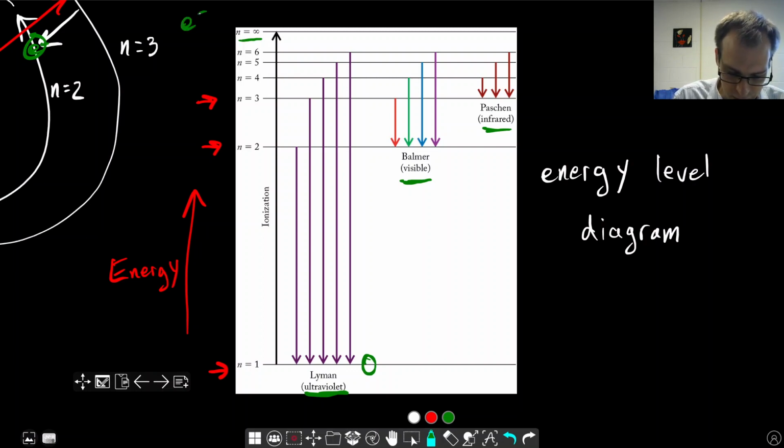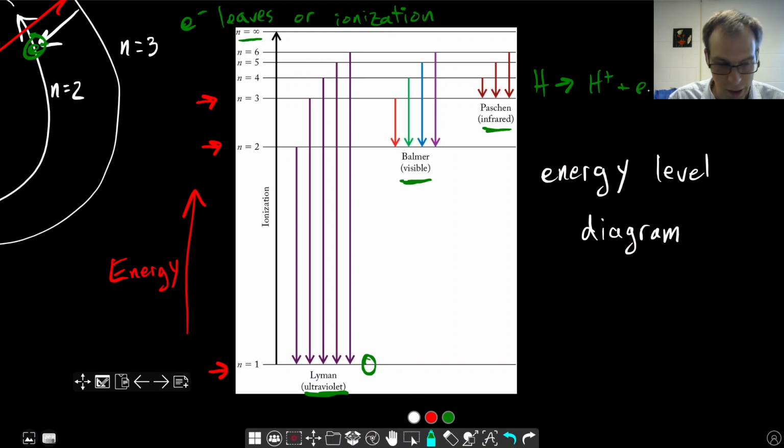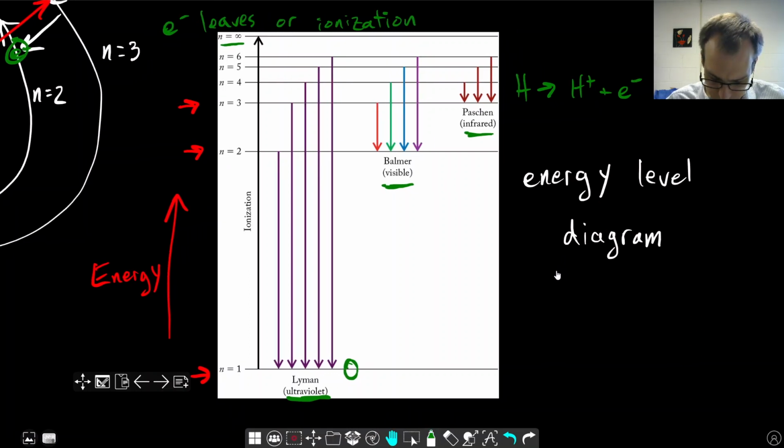So the electron leaves when we get to n equals infinity, or we could say this is the ionization, meaning the electron leaves, and that will turn our H into an H plus and an electron. Let me move that just so it's not behind my head. There we go.